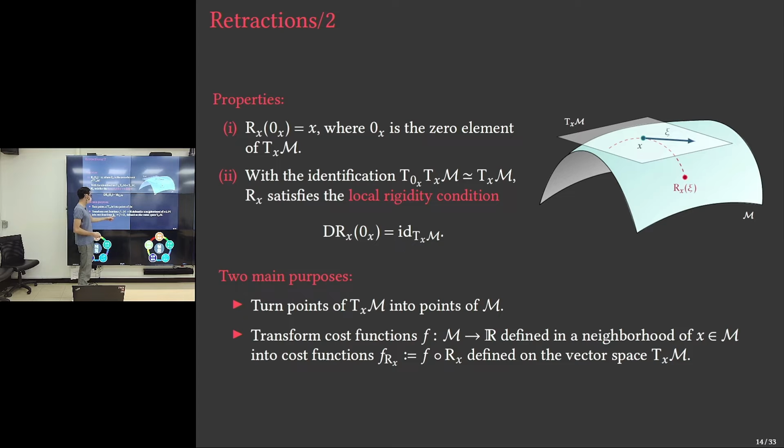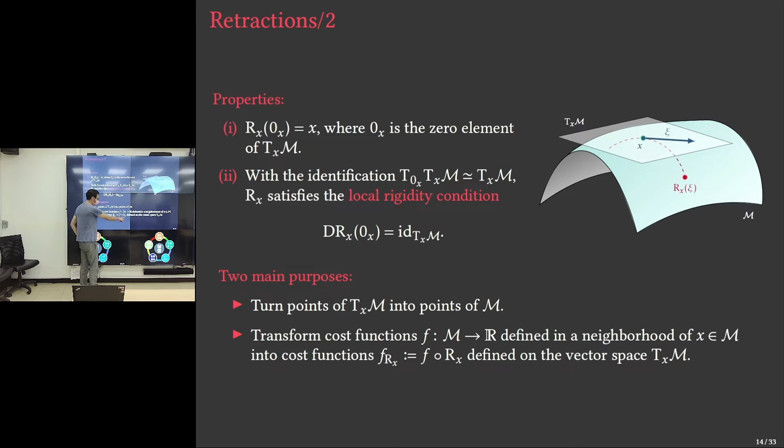So the cost function, which is sometimes called the lifted cost function, because it is lifted up from the manifold to the tangent space, is a composition of the original cost function with the retraction.